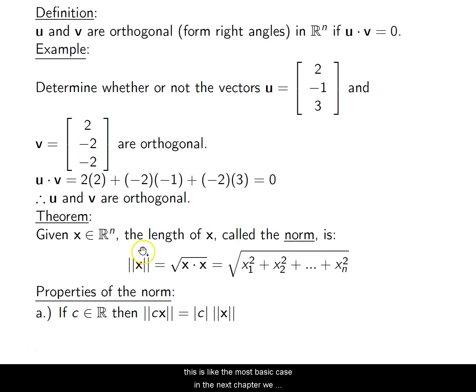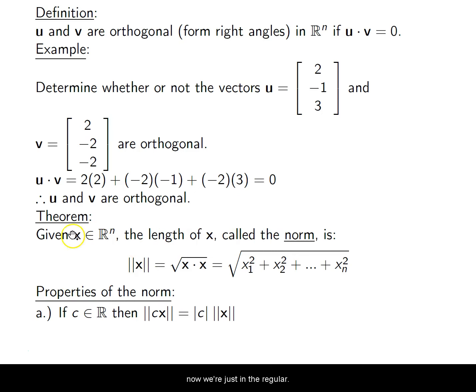So right now, this is the most basic case. In the next chapter, we're going to talk about length and all these same things, but in terms of, let's say, integrals or derivatives. How do I talk about lengths with integrals and derivatives? How do I talk about length in terms of matrices or polynomials or things like that?